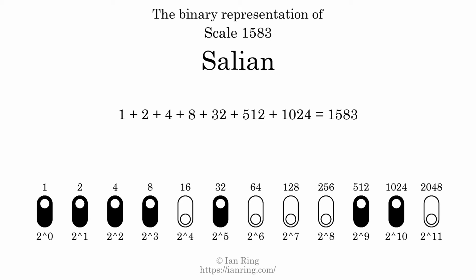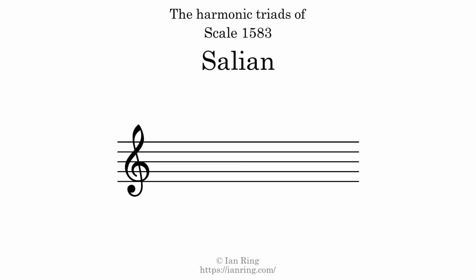That is why the scale number, in decimal, is 1583. The scale number not only enumerates the scale with a unique index, but it also literally describes the tonal content of the scale. Represented as a binary number in base 2, the scale number is 0110001011111.